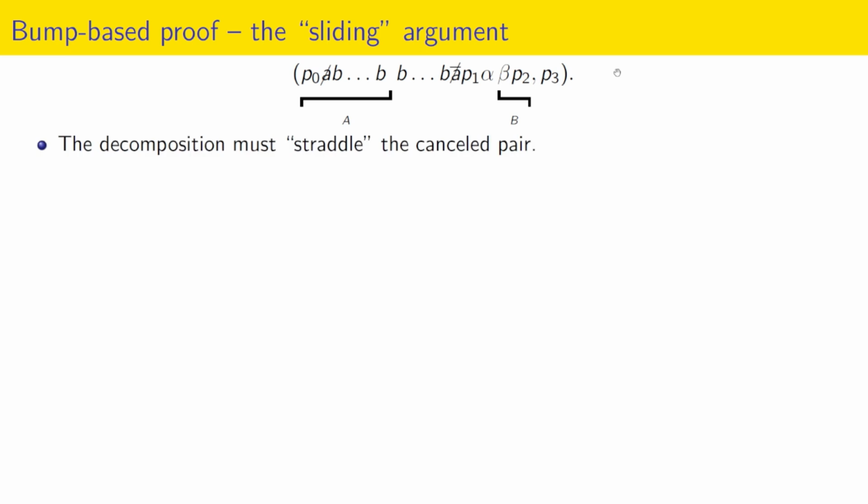Okay, one first obvious reasoning that we can have is that this decomposition must straddle the cancelled bump. Why? Because, for example, if this end of B would fall inside the bump, I could easily reinstate the cancelled letters and I would still have a balanced decomposition, right?